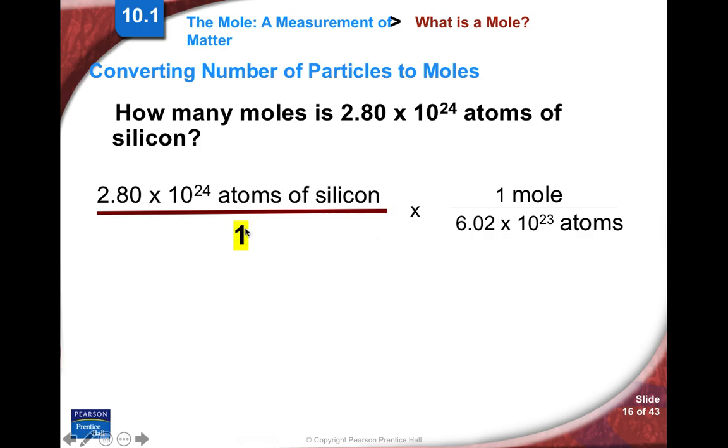So now you have 2 fractions. Whenever you're doing math problems in science, units on top of 1 fraction will cancel if you're multiplying or dividing units on the bottom. You're left with moles in the numerator, the unit that you want in your answer. I'll give you a second or pause right now, and hopefully you all got 4.65 moles of silicon.